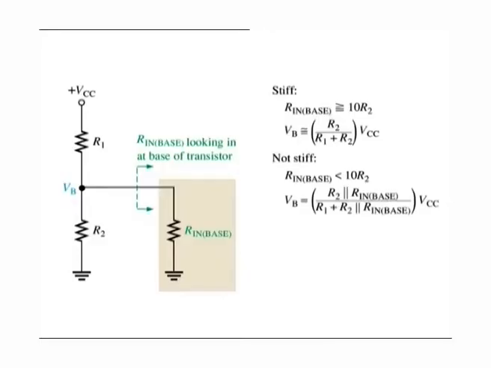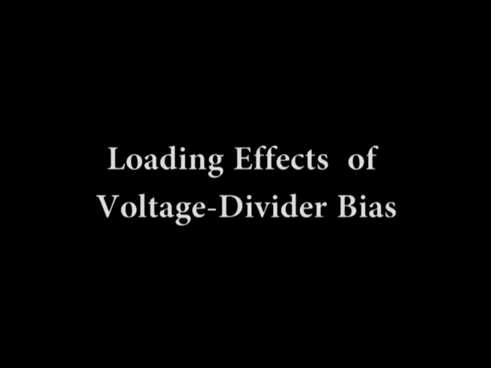To determine if the divider is stiff, you need to examine the DC input resistance looking in at the base as shown in the figure here. Loading effects of voltage divider bias. The DC input resistance of the transistor is proportional to beta DC.